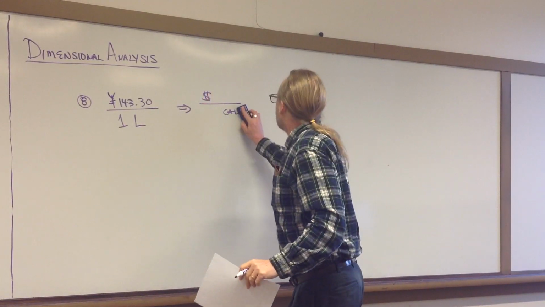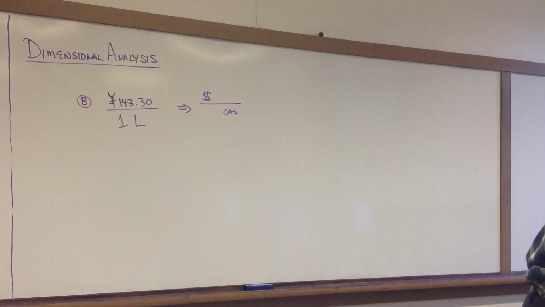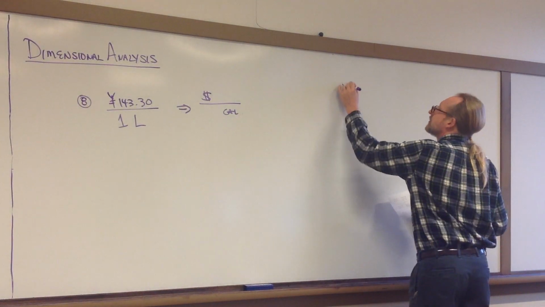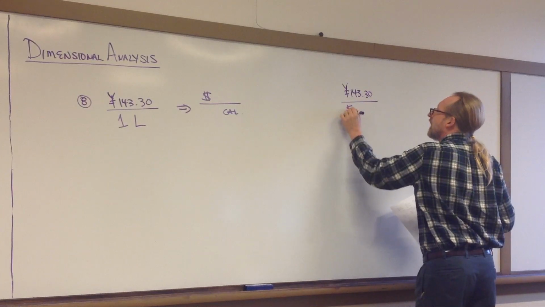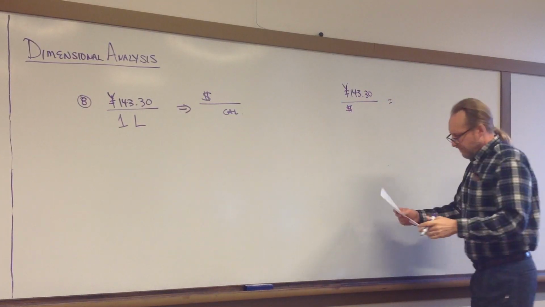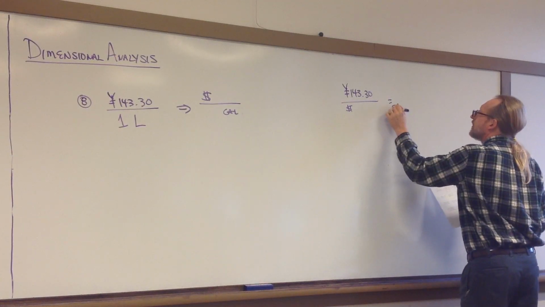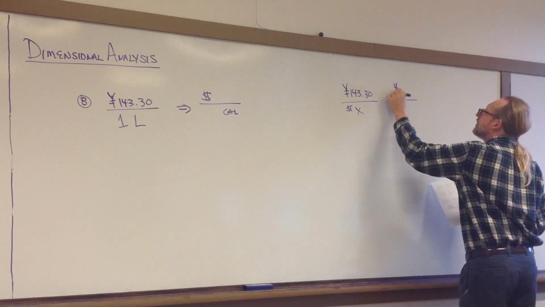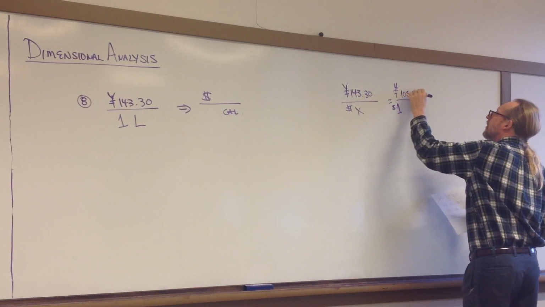So again, I'll make the conversion separately, and then I'll do it using the dimensional analysis approach. So the first setup here is to change that yen into dollars. And the conversion I've got on the sheet here is that $1 is going to be 105.06 yen.